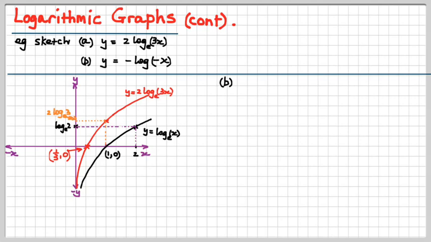This one here looks like a nasty customer, doesn't it? But fear not, we'll use our Wolfie technique here. It's very, very foolproof. So we've got y dash now, because this is a transformed function compared to y equals log x. Now, same old, same old. Are they in equivalent form? You ask yourself, are they in equivalent form?